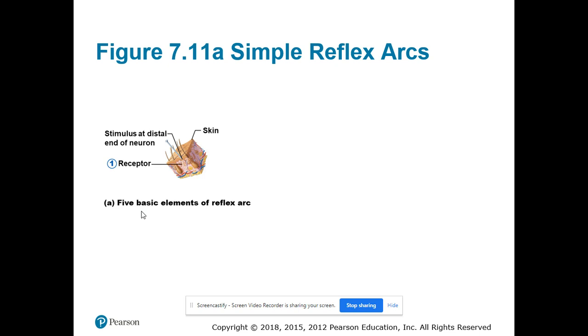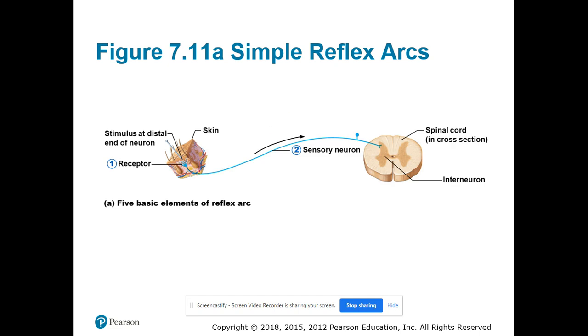So again, here are our 5 basic elements. We're going to look at our receptor being our skin. So that's going to take in any kind of stimulus. Let's say that we sense that we're cold. It's going to send that signal to our CNS. So this one, our CNS, is going to be our spinal cord. So that's part of our central nervous system. Sometimes in your CNS, you might see an interneuron.